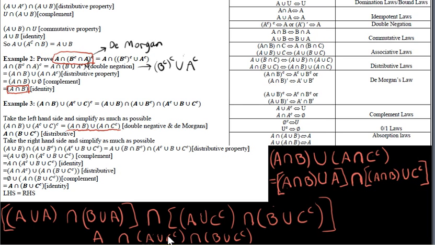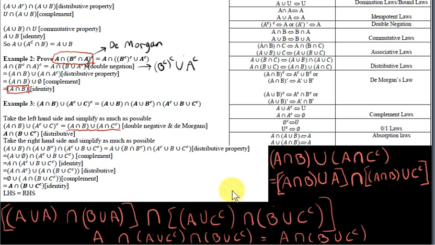And if an element is in the union, if it's in this set here, we also want it to be in A. So the intersection of A with A union with something is A. Actually, that's one of the absorption laws again. A intersecting A union with B is just A. That's the situation we have here. We replace B in the absorption law with C complement. So the left hand side boils down to A intersecting B union with C complement, and there's not much we can do with that.